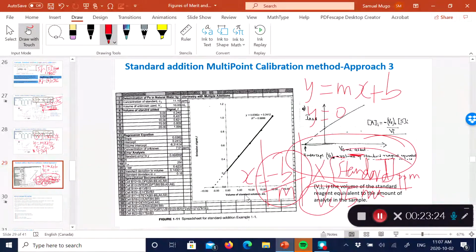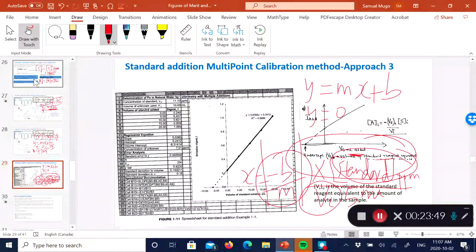And then the concentration of the standard that you spiked, of course. Whatever you get is going to be in concentration units, and that would be the concentration of the sample that you analyzed. So you can see it's a fairly simple method if you simply keep the x-axis as the volume that was spiked.